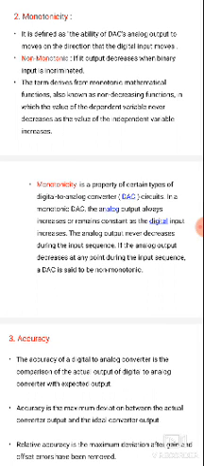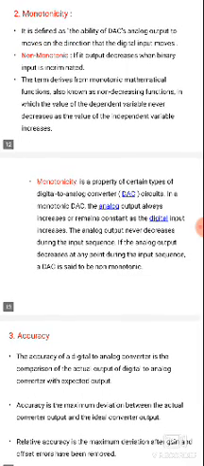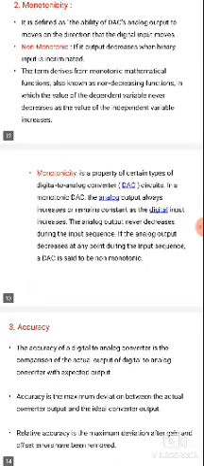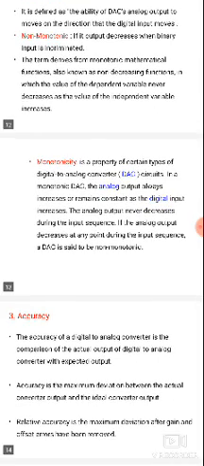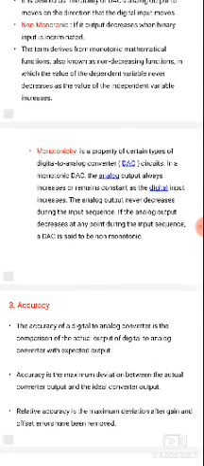The main definition of monotonicity is the ability of the DAC analog output to move in the direction of the digital input. Monotonicity is a property of certain types of digital to analog converter circuits.